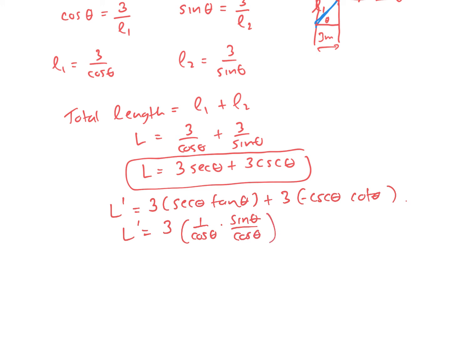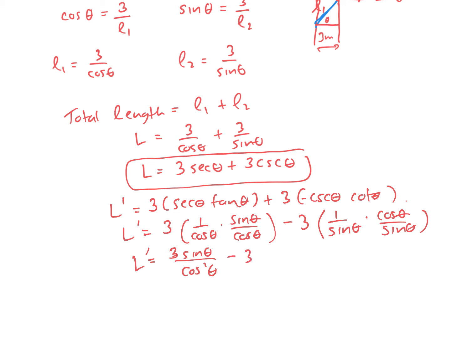So we want everything in terms of sine and cosine. We've got a negative here, so minus 3. We'll change cosecant to 1 over sine, cotangent to cosine over sine. And then we will just tidy it up a bit. So we've got 3 sine theta over cos squared theta minus 3 cos theta over sine squared theta.